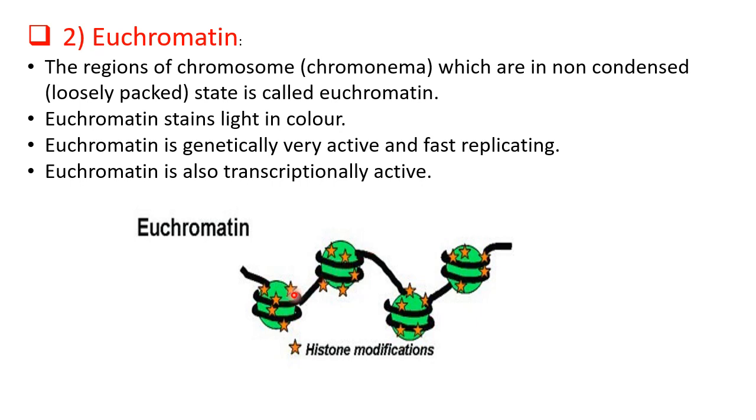But in euchromatin there is a lot of space between two nucleosome units. Hence it is loosely packed. So euchromatin is in non-condensed state, these are the regions of chromosome which are loosely arranged and called euchromatin.